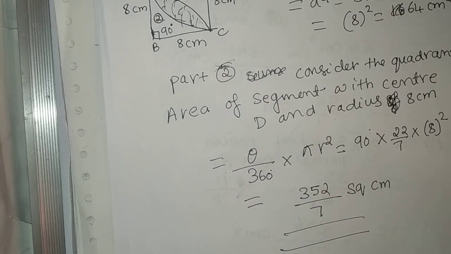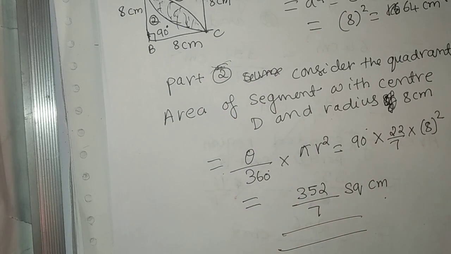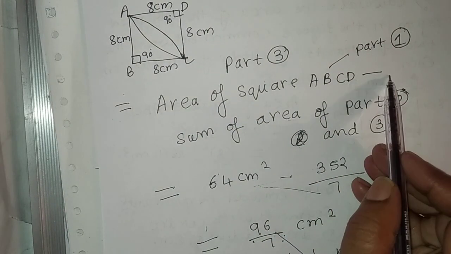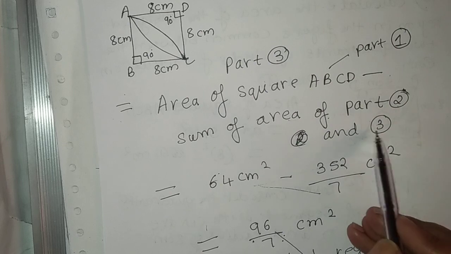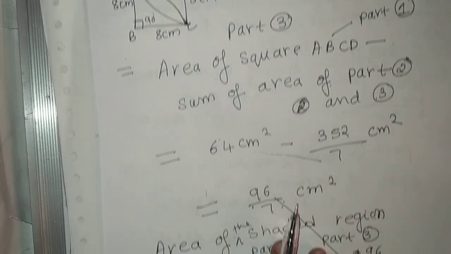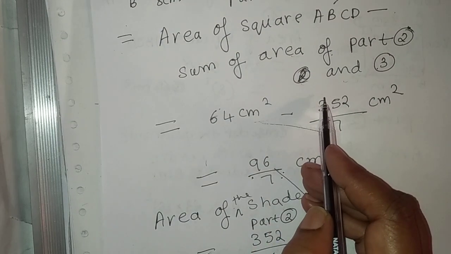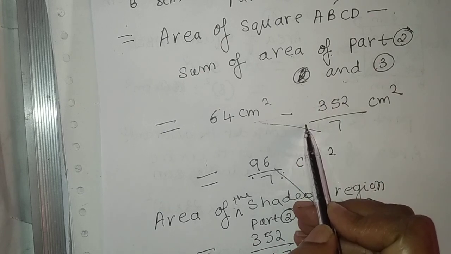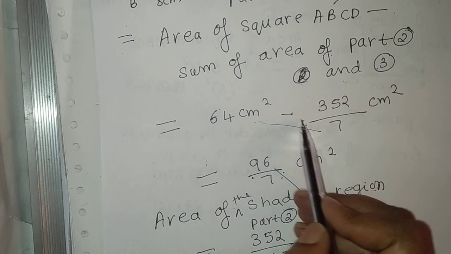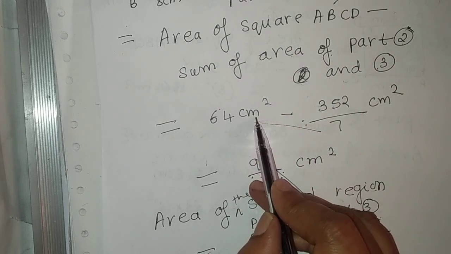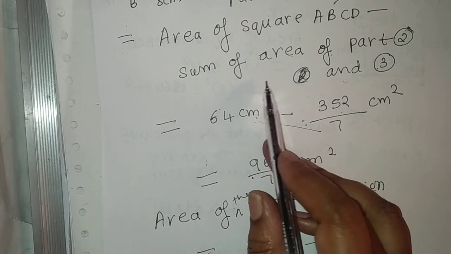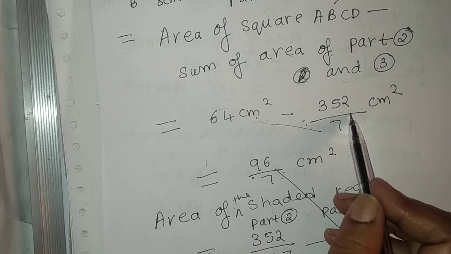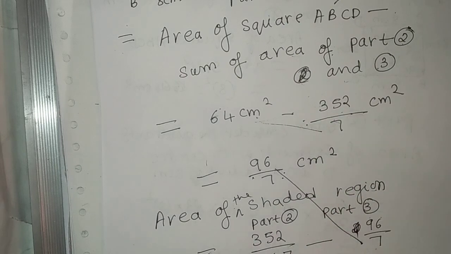We substituted the values. Next, part 3 will be the area of the square ABCD minus the sum of part 2 and 3. Substitute the values: area of the square ABCD minus the previous sum, which is 352 by 7.